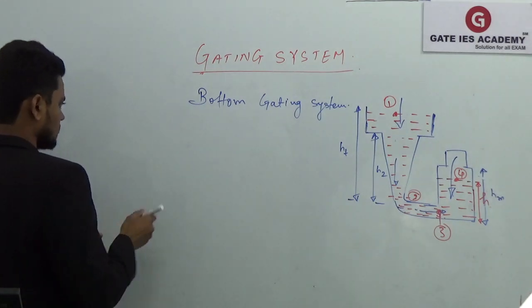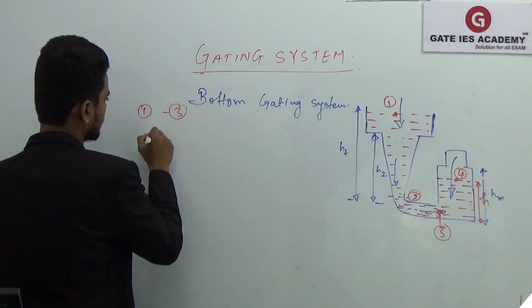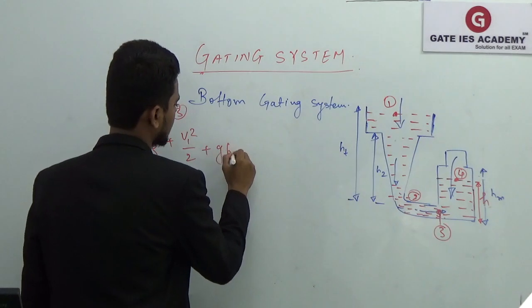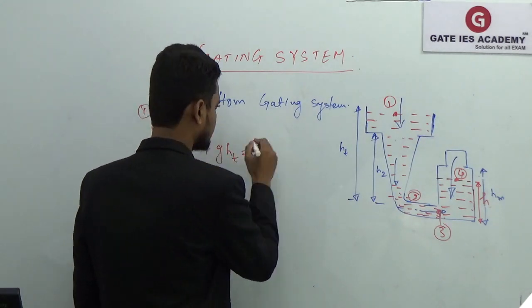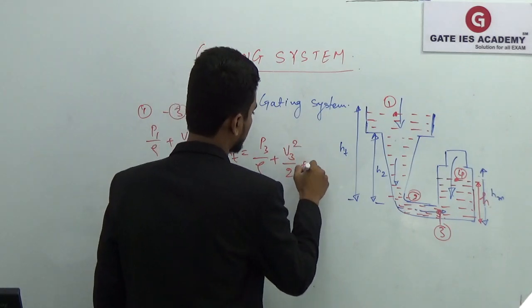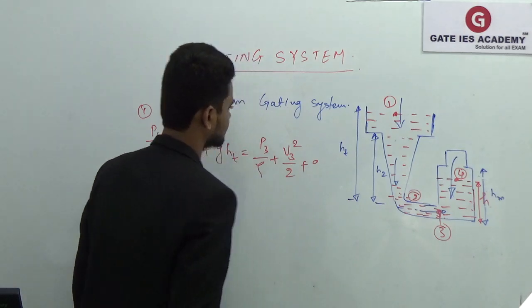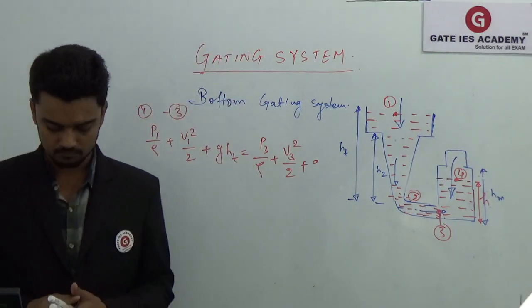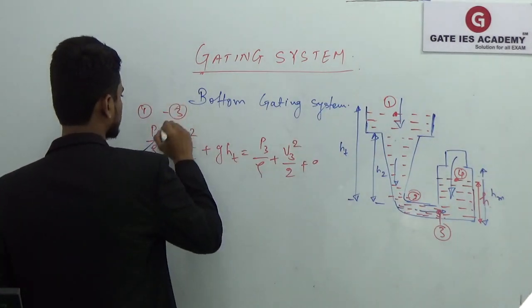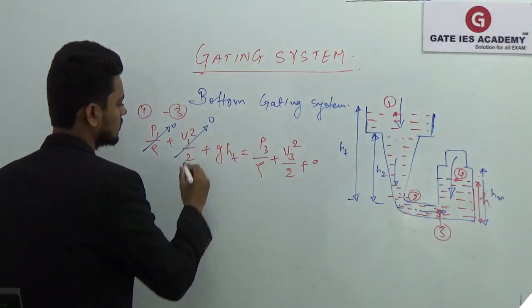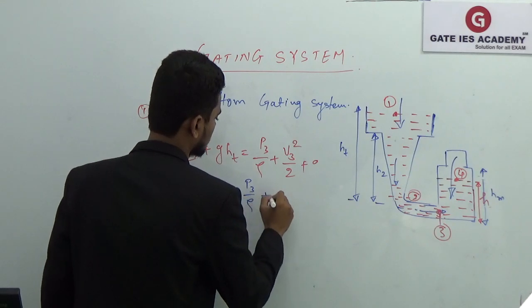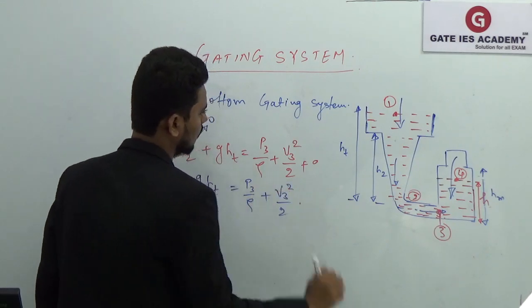So P1/rho + V1²/2 + gHT = P3/rho + V3²/2 + 0. P1, the pressure at 1, is atmospheric, so we take it as 0. V1 will be 0. So gHT = P3/rho + V3²/2.